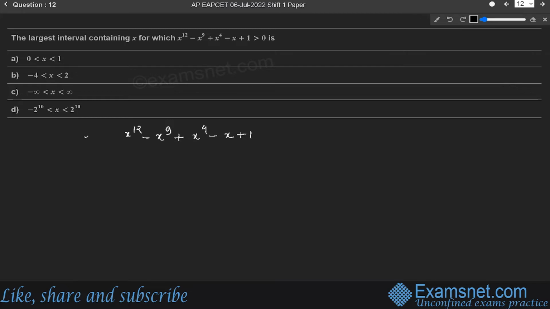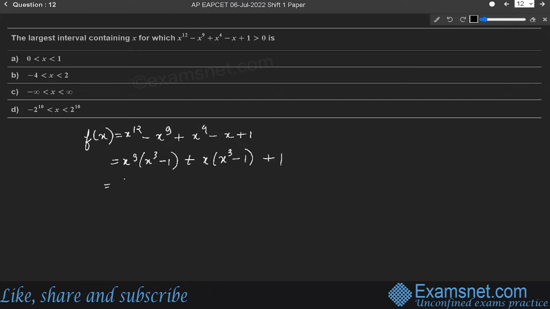So let f of x be the given function. Now it can be also written as x power 9 (x cube minus 1). When we take x power 9 common from the first two terms, then the remaining terms will be x cube minus 1. Similarly, taking x common, it will be again x cube minus 1, and plus 1.